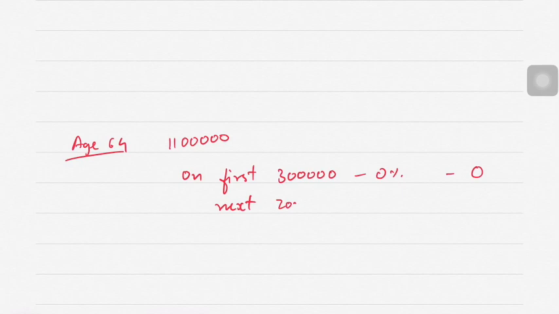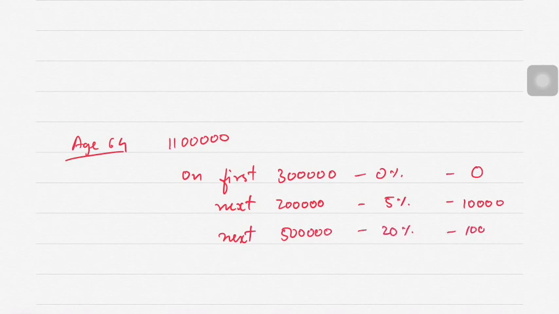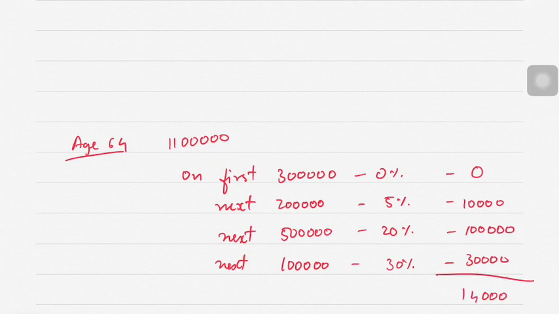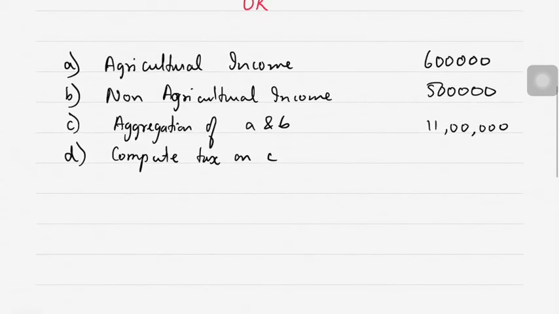Then next 2 lakh, 5%, so 10,000. Then next 5 lakh, 20%, so 1 lakh. Then next 1 lakh, 30%, so 30,000. This makes it 1,40,000. So the tax comes to 1,40,000.